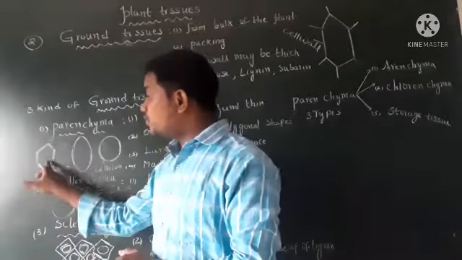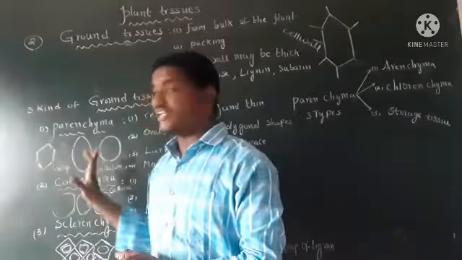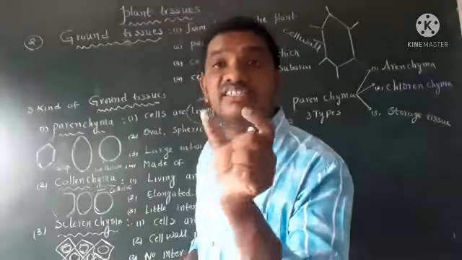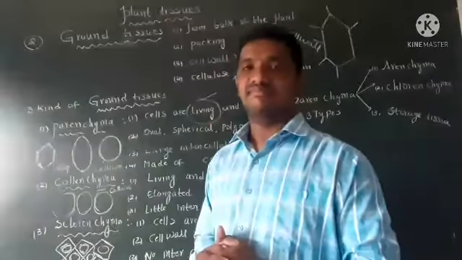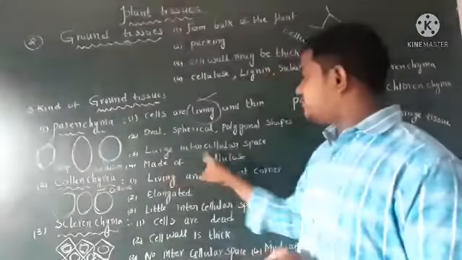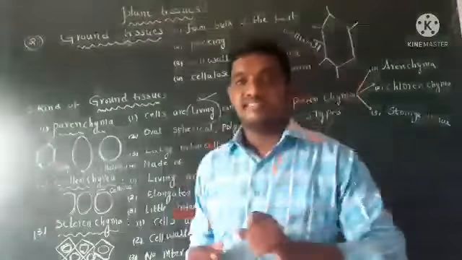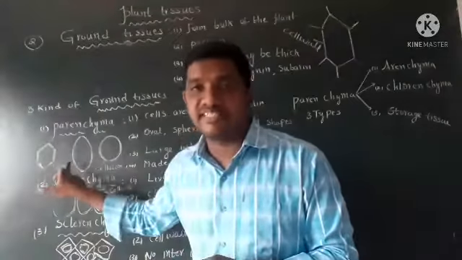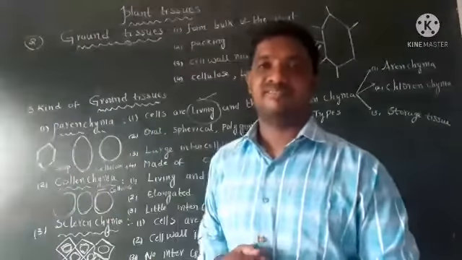See here, more gap is present from one cell to another cell. That is called intercellular space. Large intercellular space is present, which means more gap is present between cells.